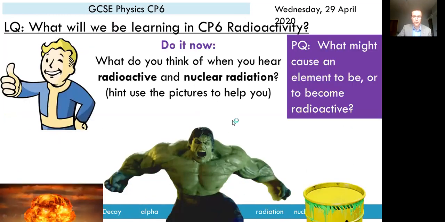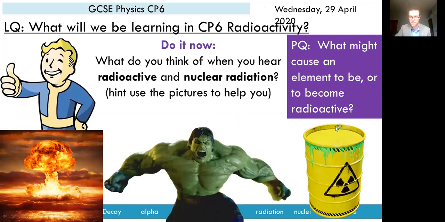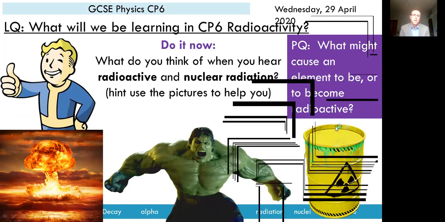So without further ado, let's get started. What I'd like you to do for the starter, as it were, is write down on your paper everything that you can think of when you hear the term radioactive and nuclear radiation.